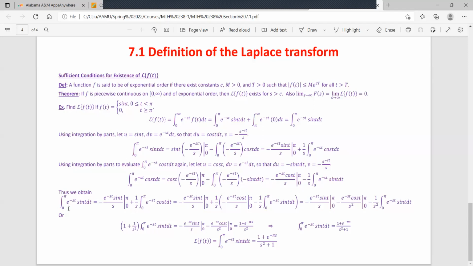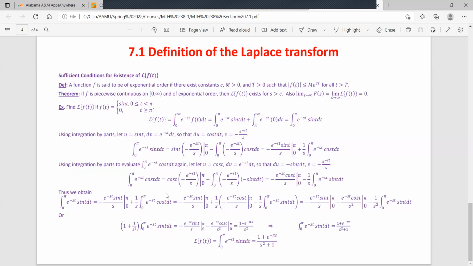we started from the integral of e to the negative st sine t from 0 to pi, and we do the first integral by parts. We get negative e to the negative st sine t over s plus 1 over s times the integral of e to the negative st cosine t from 0 to pi.